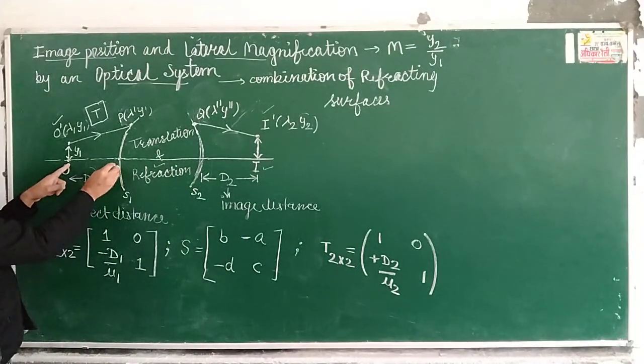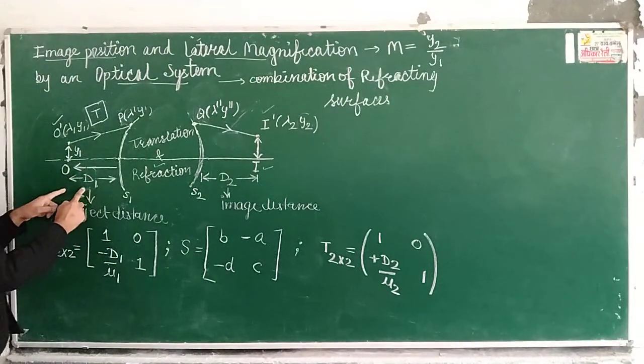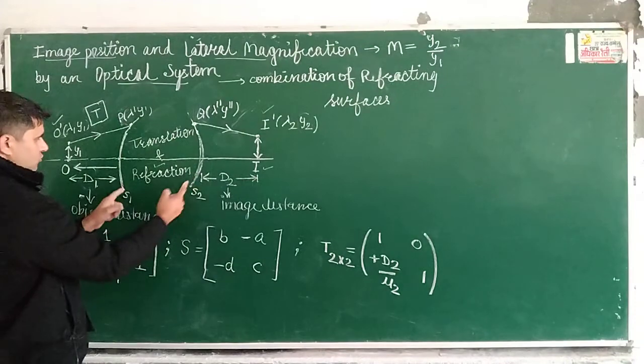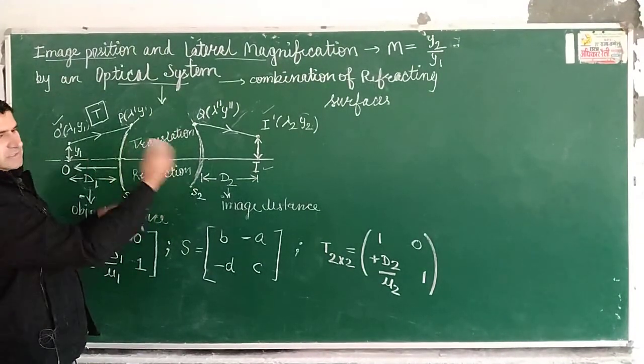The measurement is opposite to the direction of propagation of light, so it is taken negative here. Then in between these two surfaces S1 and S2 we are considering that an optical system is there.